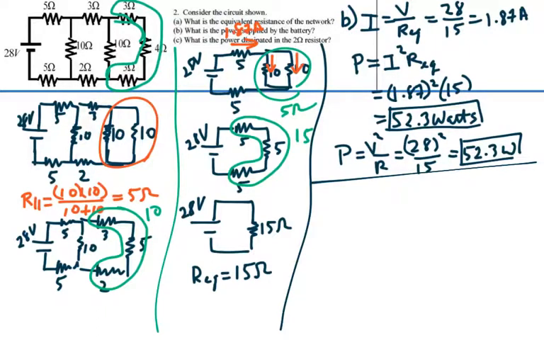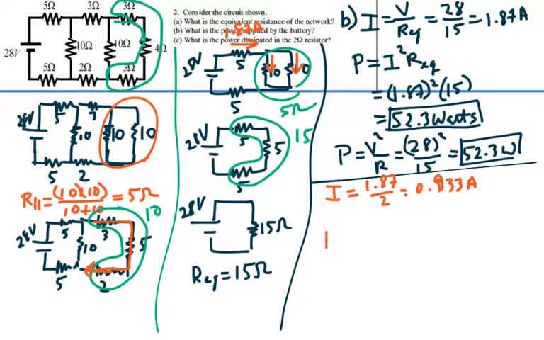So the current going into that branch is 1.87 divided by 2, which would be 0.933 amps into each branch. And that branch of the 10 ohms is actually the same branch as the 3, the 5, and 2 in series. So each of those individual resistors will get that same current of 0.933 amps.